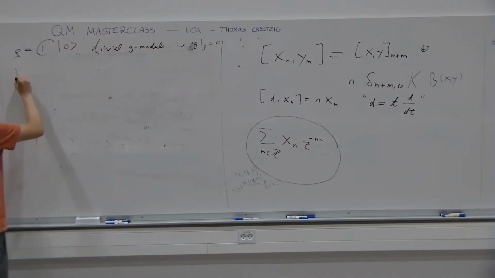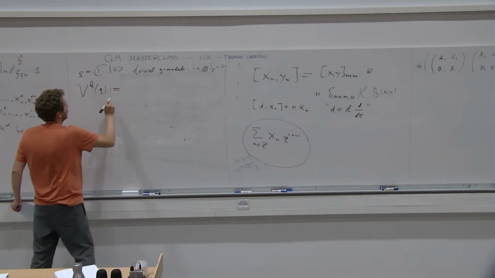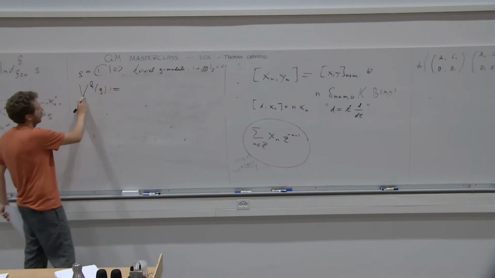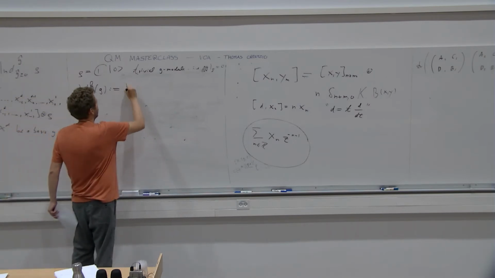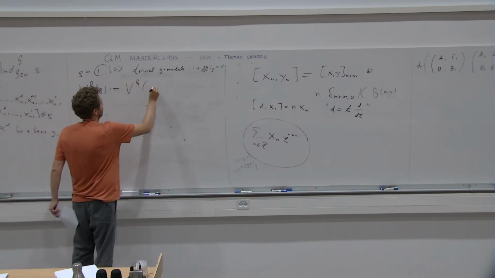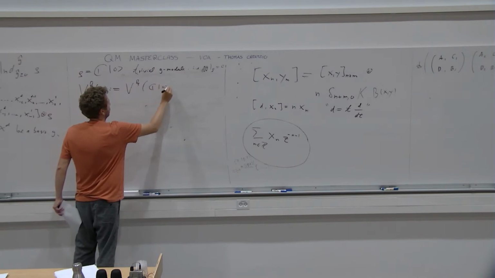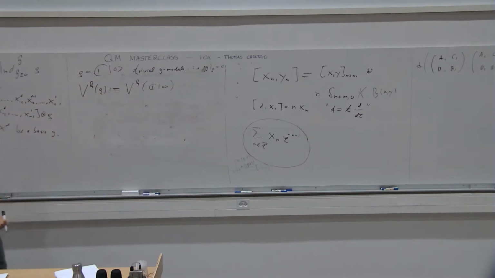Then this induced module gets this symbol, V with an upper index K of G. And this vector space we will eventually give the structure of a vertex algebra. Not for the moment yet, it will this afternoon, I hope.